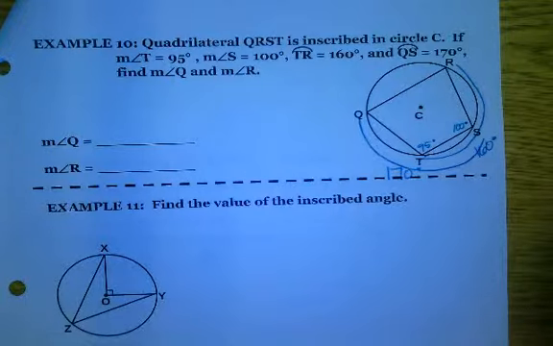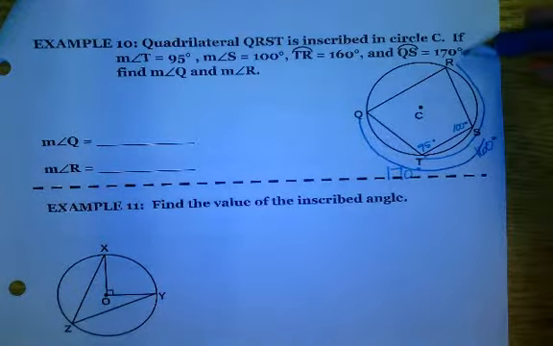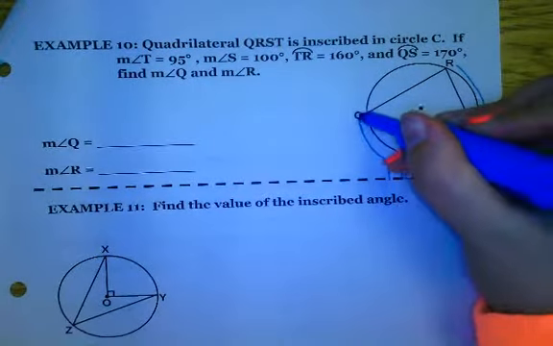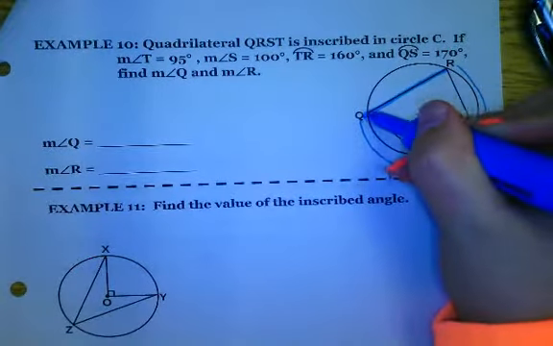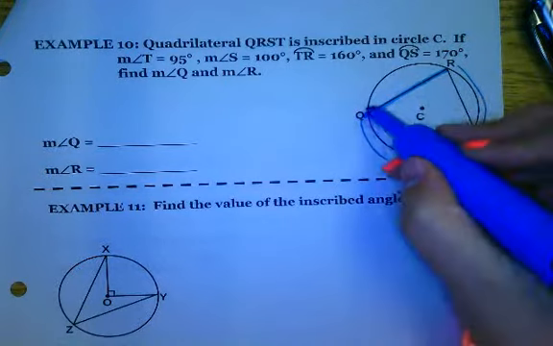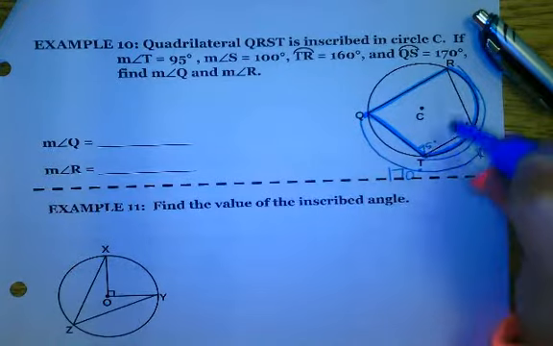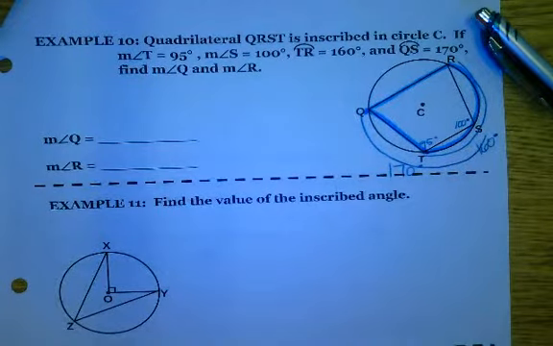Angle QRS. Okay, got it. If you're looking at angle Q, it opens up to that arc. And what is the measure of that arc? We wrote 160. So what would be the measure of Q? 80.